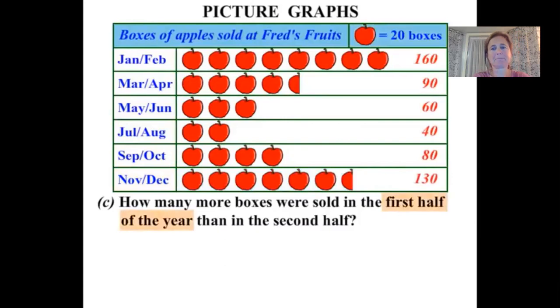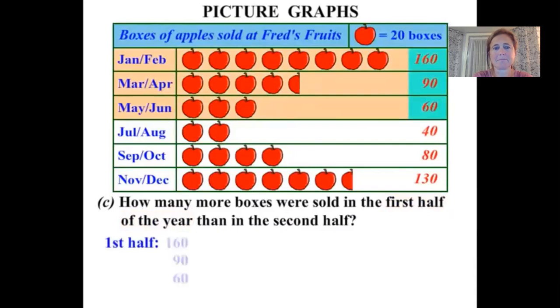So going back to the question, we're comparing the first half of the year with the second half. So the first half, okay, as shown on the diagram there, let's write down the numbers required. The 160, the 90, and the 60. Let's write them down, and we're going to add them up. So when we add them up, we find that we get 310 boxes altogether there. Now, what about the second half? All right. So the second half, there's our working.